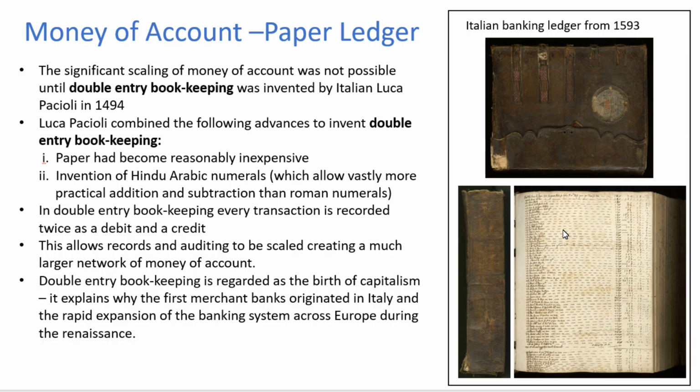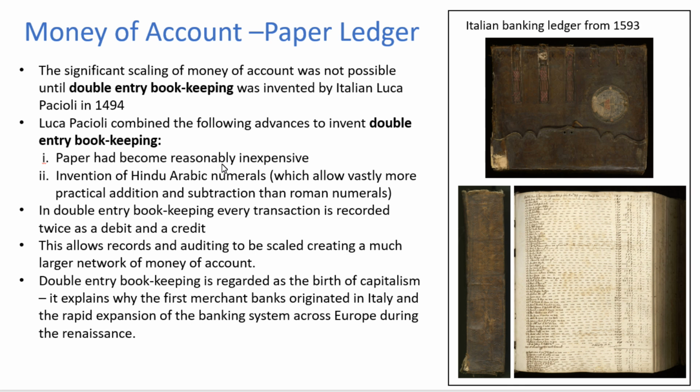So here's an Italian banking ledger from 1593, and double entry bookkeeping was invented by the Italian Luca Pacioli in 1494, and it became enabled by several inventions.